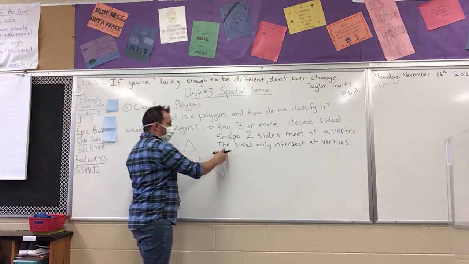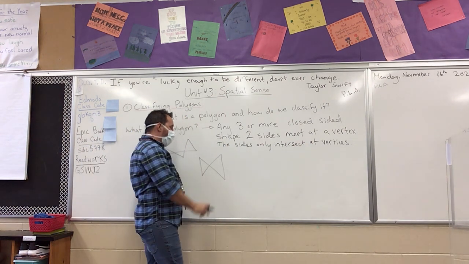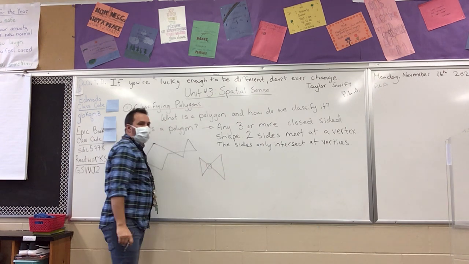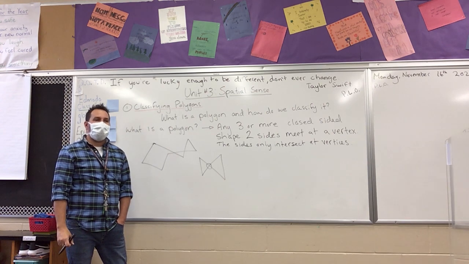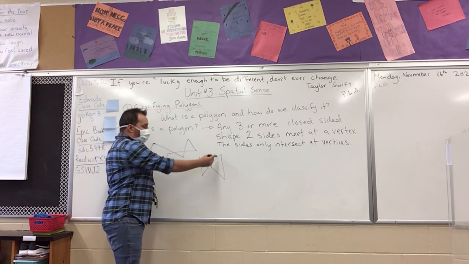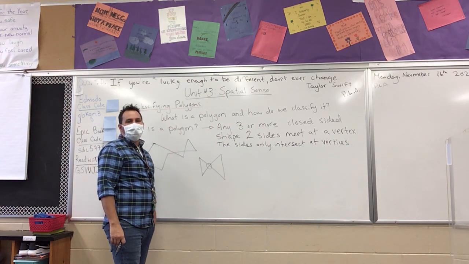But what about this? Are the sides only intersecting at vertices? No. Well, what's this? Because that becomes an issue for us in this, right? This is the problem, is that you're really combining two polygons together in one, right?